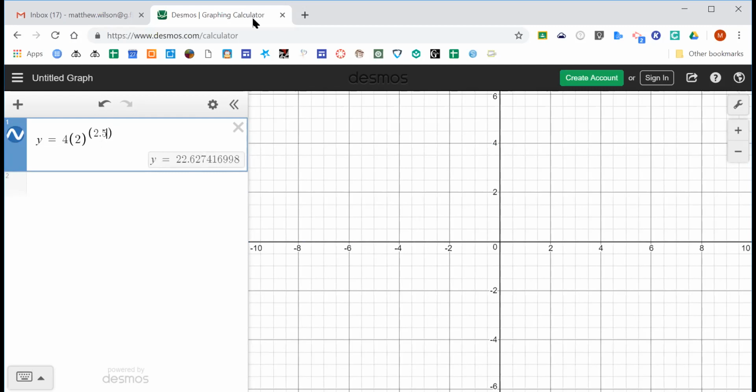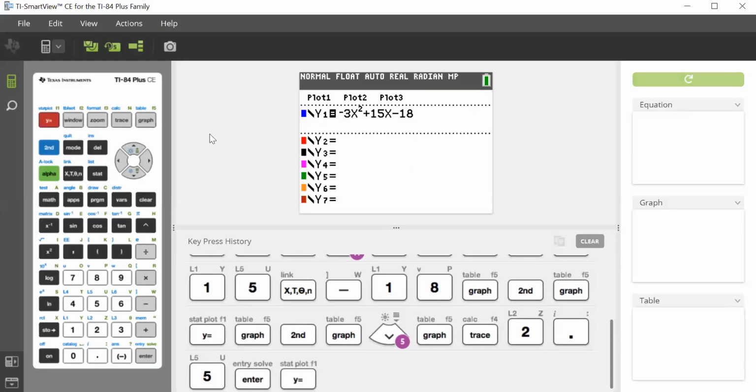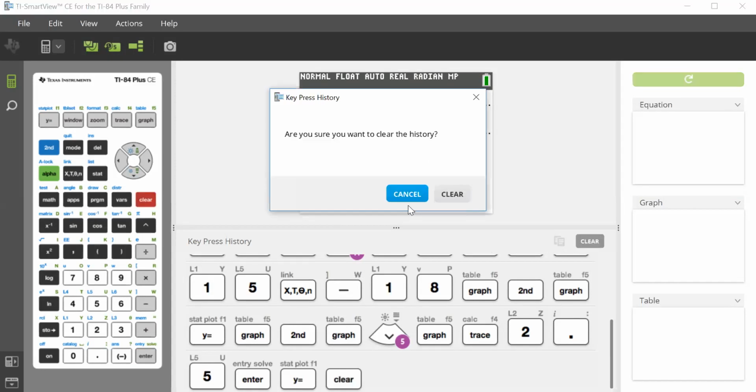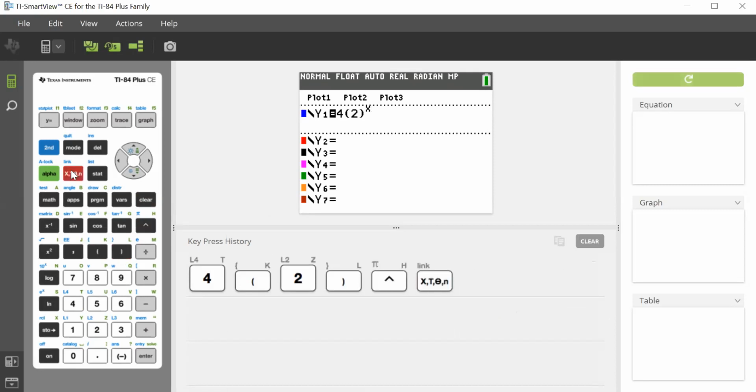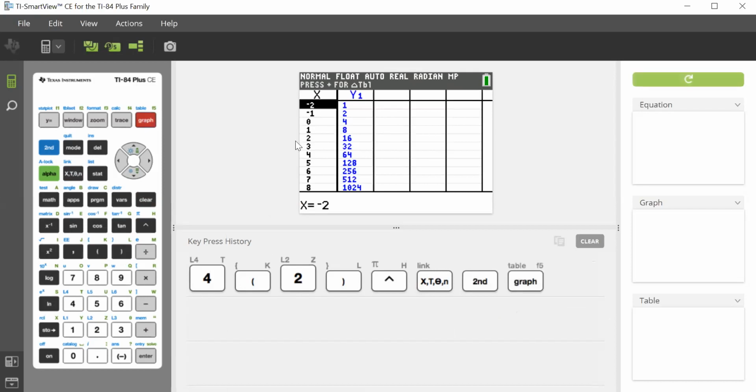Now if I wanted to do the same thing with the graphing calculator, I'm just going to go to y equal. I'm going to clear out what I see there. And I'm going to type in 4 and then open parentheses 2 raised to the x power. And then I'm just going to go to second graph and look at my table.